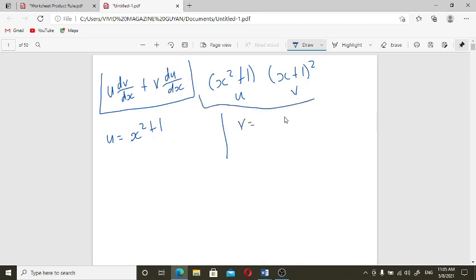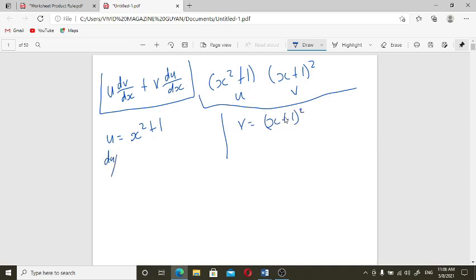So the very first question goes x squared plus 1 and x plus 1 all squared. So you have u and you have v. So u is going to be equal to x squared plus 1 and v is going to be x plus 1 all squared.